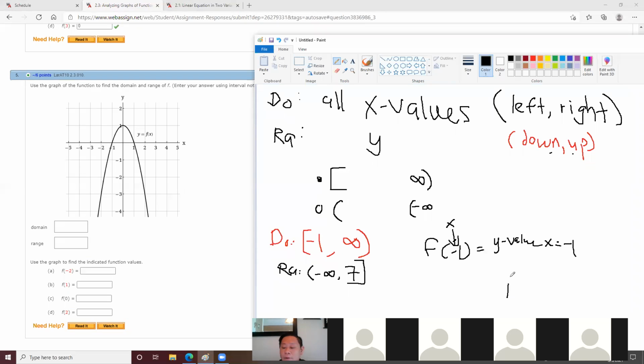If I draw the graph, it looks something like this. This will continuously go this way, right? And eventually go that way, right? So how far left does this graph go? And how far right does this graph go?